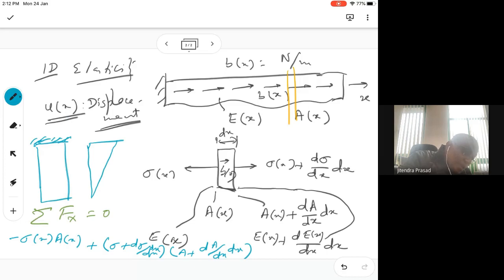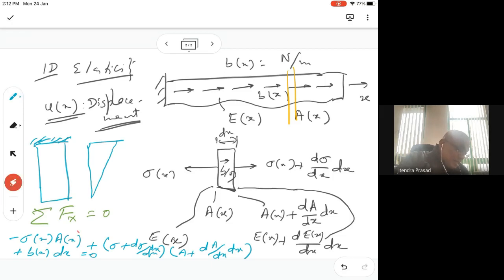So we will write plus bx multiplied by length. And what is the length? Length is dx. So multiplied by dx, and the total has to be equal to 0 because this is a static problem.